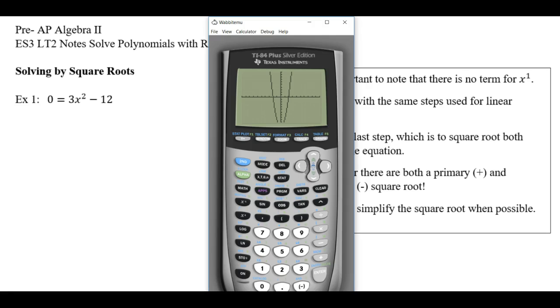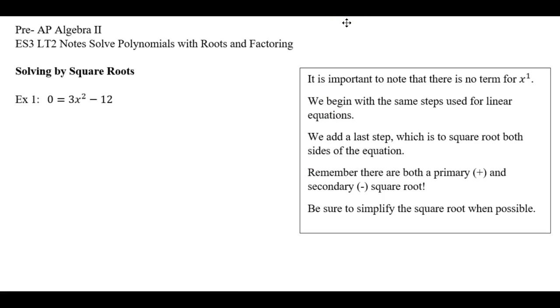Now, what do you notice about this parabola? Stretched. Where does it cross the x-axis? 2 and -2. Remember, the solutions to a polynomial are the x-intercepts of the graph.